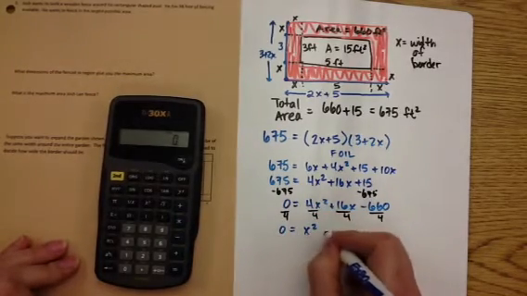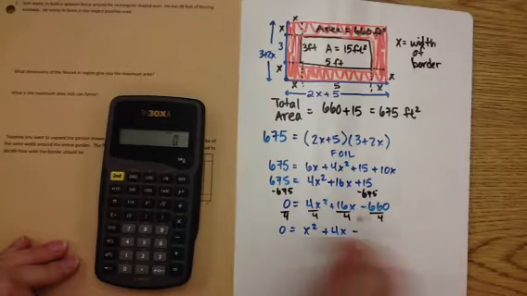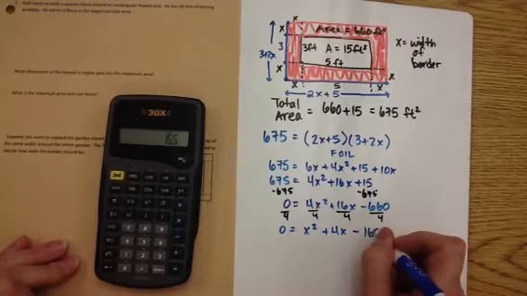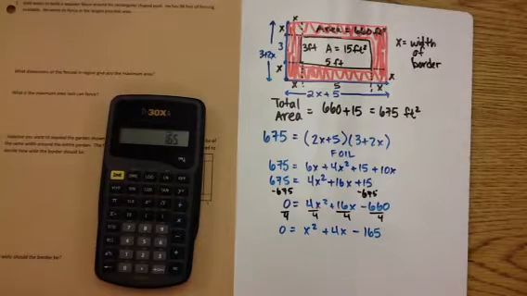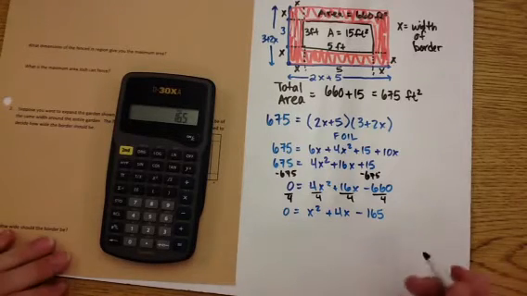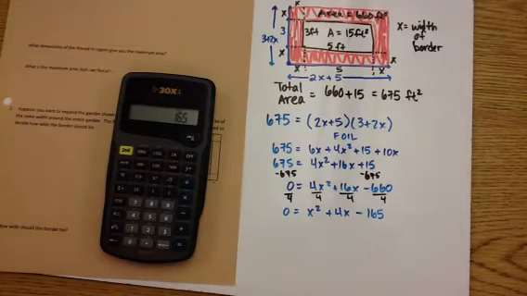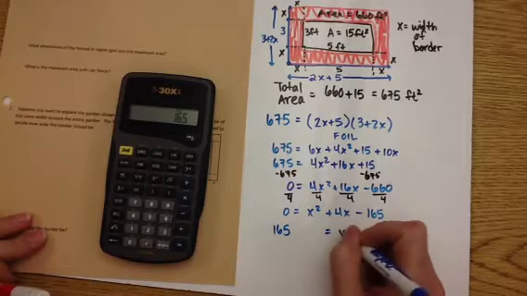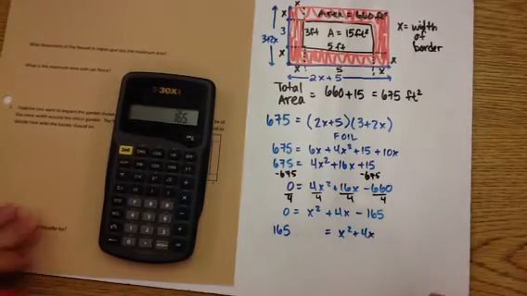I get x squared plus 4x minus, let's check that one on a calculator, 165. So I could complete the square on this quadratic, or I can try and factor it. Well, let's just complete the square. So I'll add my 165 back over, equals x squared plus 4x.